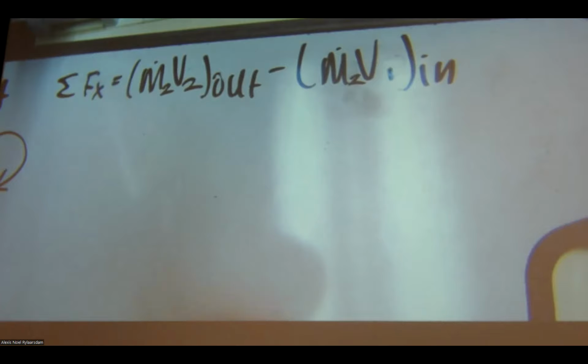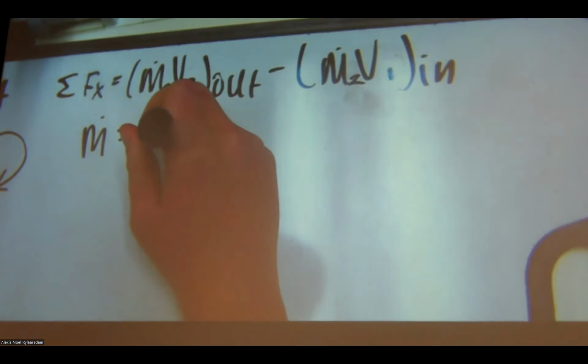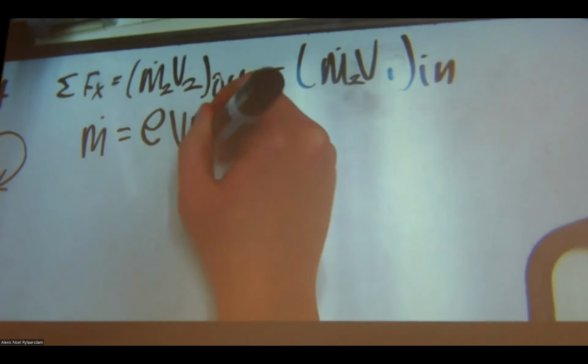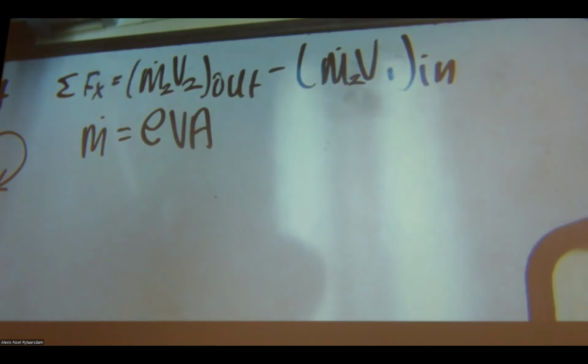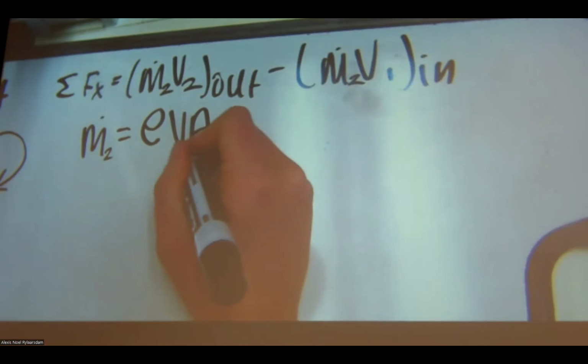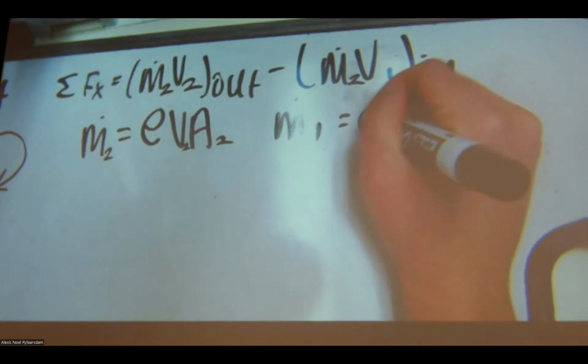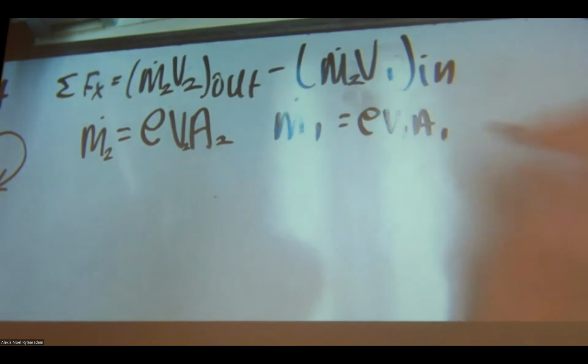First, what does m dot equal? Based on our equations, we know that m dot is equal to rho V A. You see where that A comes in? Let's properly label that. Okay, now everything's properly labeled.